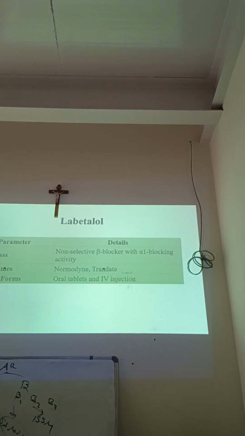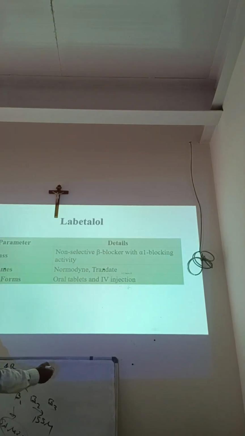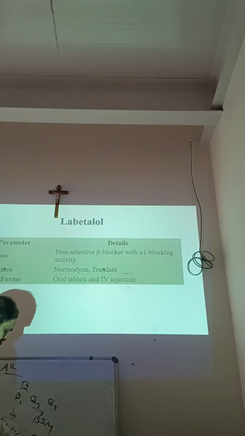Before I go on, let me tell what is happening. If an agonist acts on alpha 1, vasoconstriction, increased BP. If an agonist acts on beta 1, increased heart rate, force of contraction, cardiac output. If an agonist acts on beta 2, bronchodilation, you can breathe properly. Okay, keep this in mind.